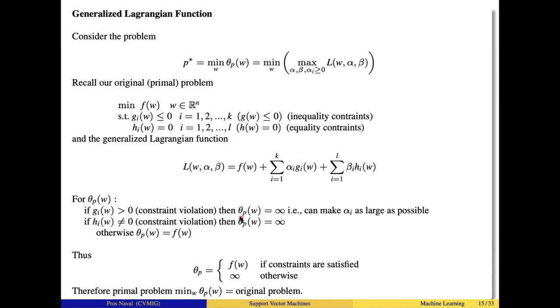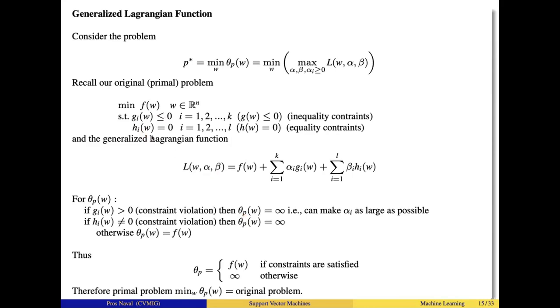So theta p now is infinity, since you can make alpha I as large as possible. So when you violate this inequality constraint by making the left hand side greater than 0, then theta p goes to infinity.